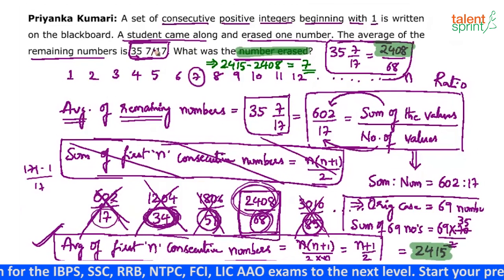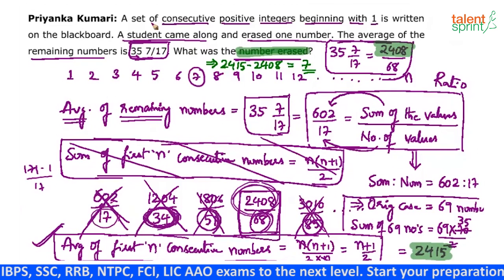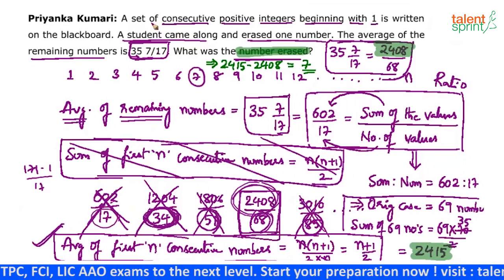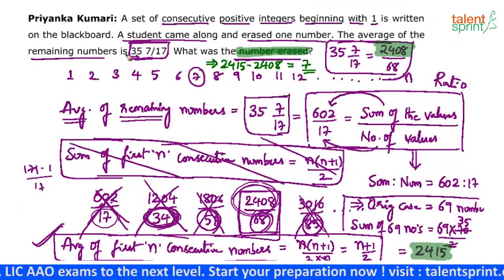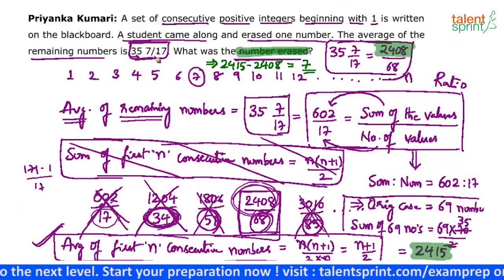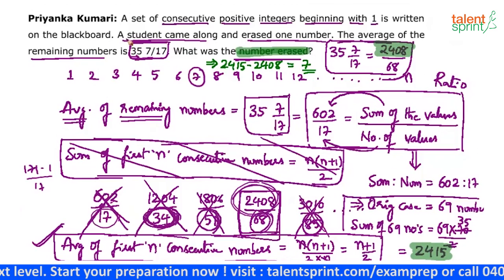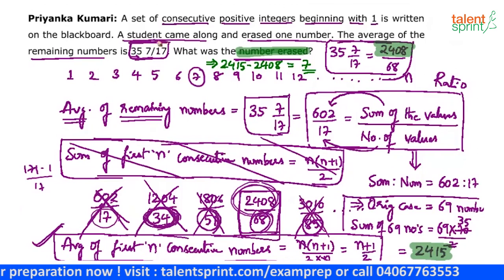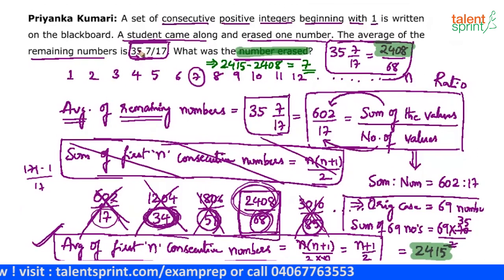So for a few seconds, let us assume that no number has been erased, and the average is 35.7 by 17. And these are all consecutive numbers. So you are saying that the middle of the consecutive numbers is 35. This is a basic point that we know from our video on averages.